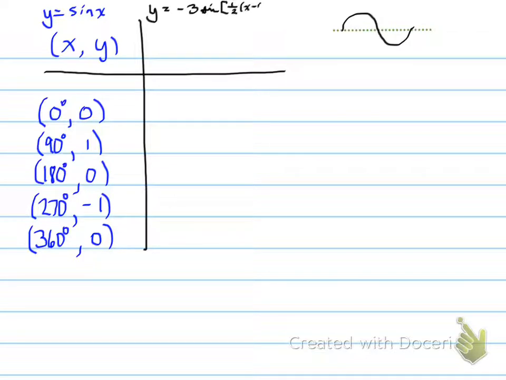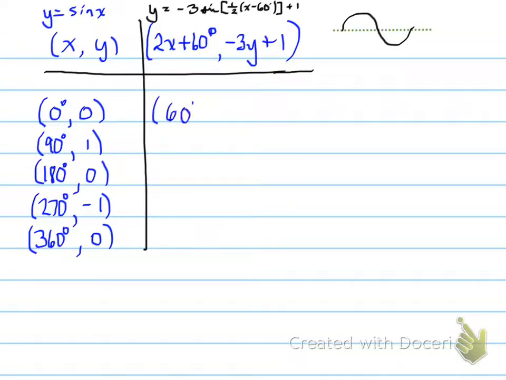In that equation, we will have the following: 2x plus 60 degrees, that's found inside the brackets. Remember, the 1 over k is 2x, and then plus 60 because it moved right 60 degrees. And then our y value is negative 3y plus 1.